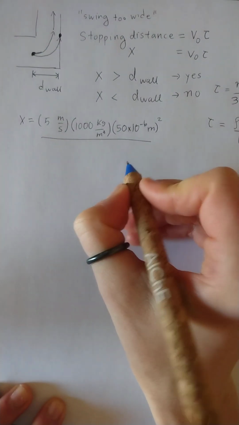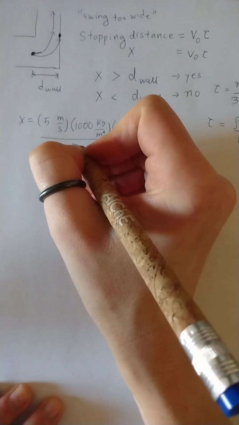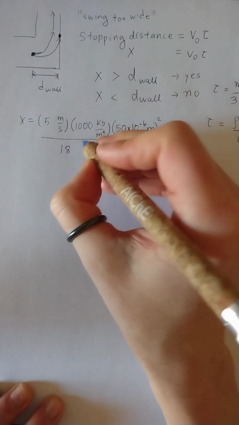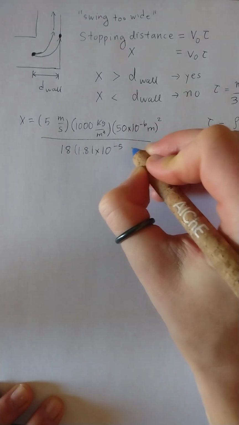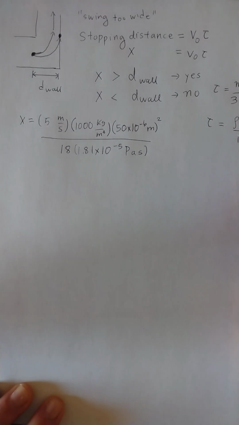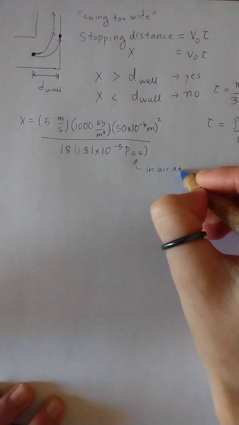Then we divide that out by 18 times the viscosity of the fluid in which we're moving. The problem should really explicitly say that we are in air, but for now we'll assume that we are in air at standard conditions.